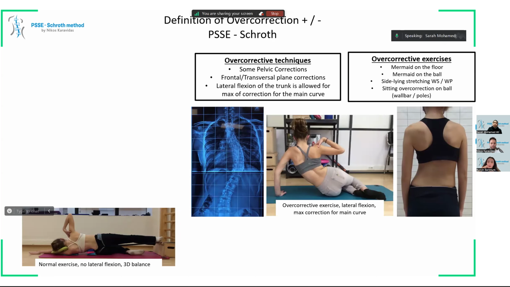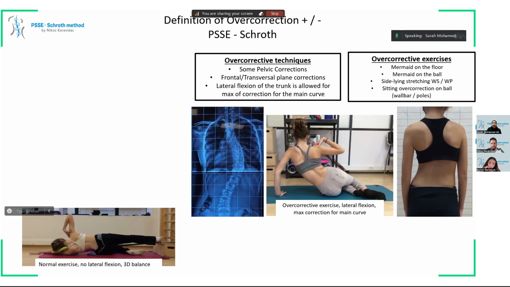This doesn't mean an overcorrection. We do correction of each and every curve in order to have the patient well aligned. This is the normal exercise. How about overcorrection? In our school, we define overcorrection or overcorrective exercise when we allow lateral flexion. It means that we put the main curve into the maximum correction.